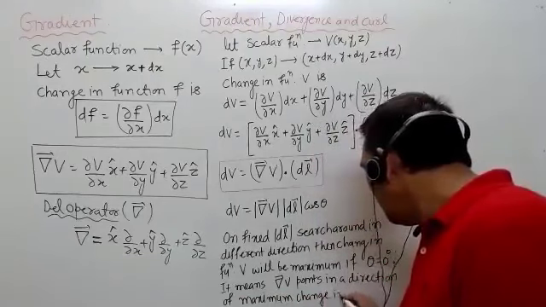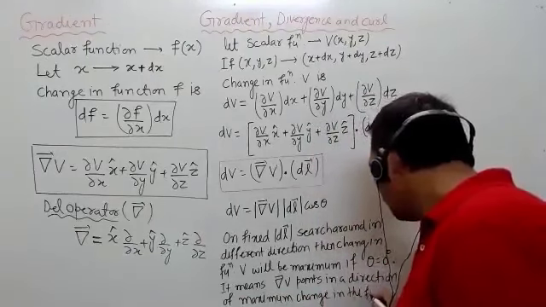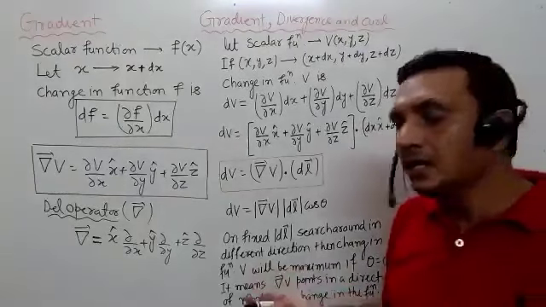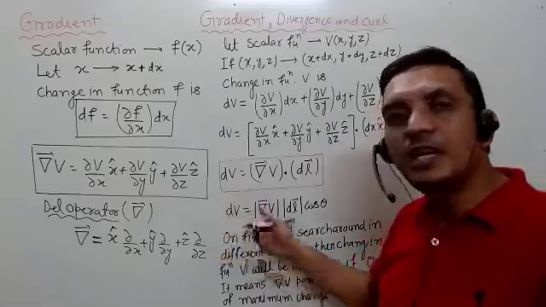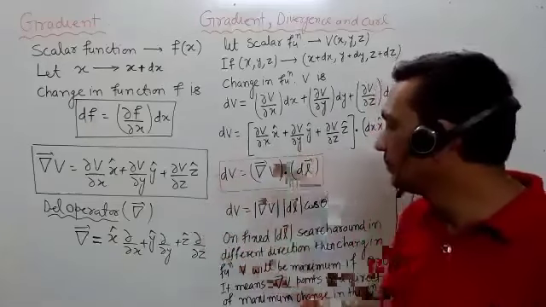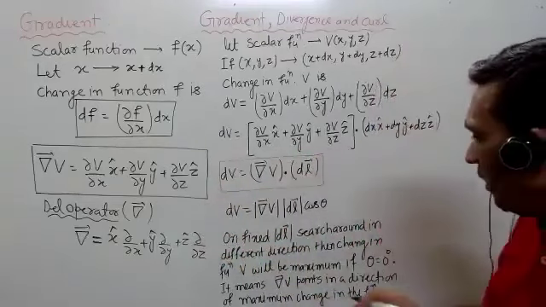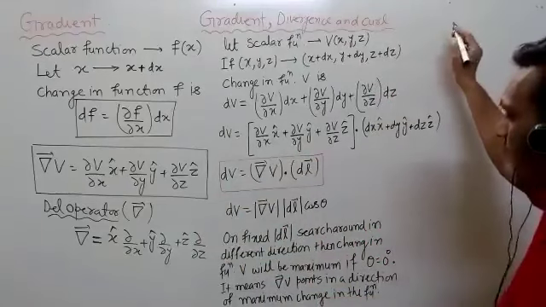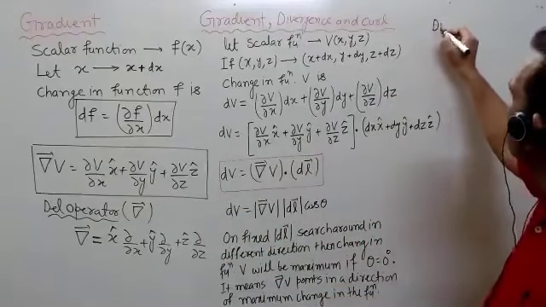If you move in the gradient v direction, there will be maximum change in the function v. Or you can say that is the direction of steepest ascent.